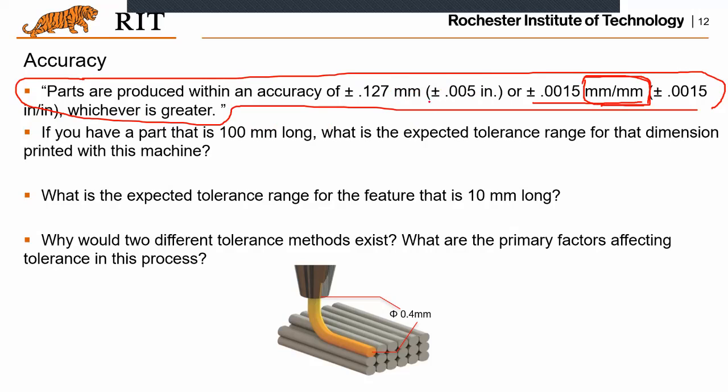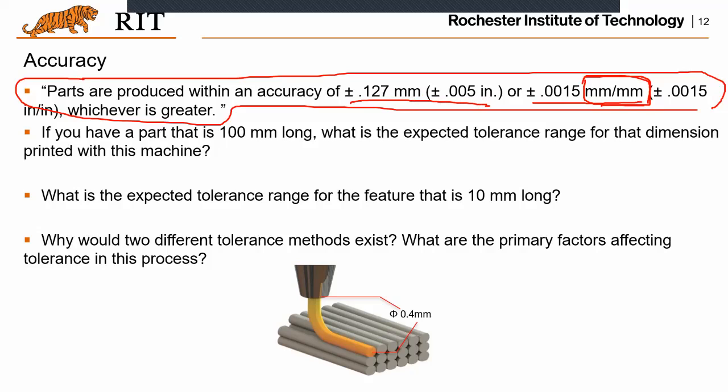So actually these two numbers represent the two error sources for the prints. The first number gives you the inaccuracy or the error from the nozzle size.